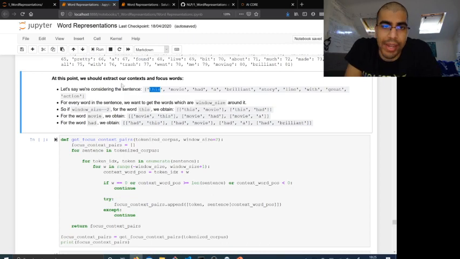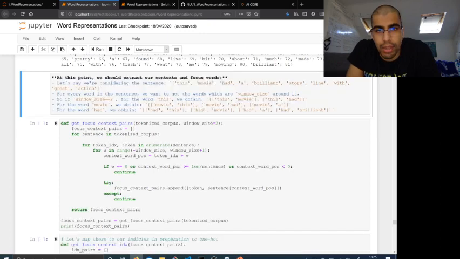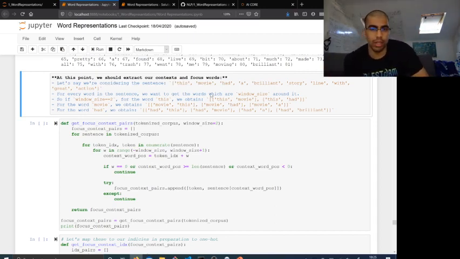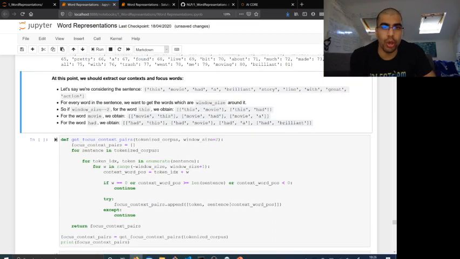For the word movie, we obtain movie this, movie had, and movie a. And for the word had, we do have access to 2 previous tokens, so our training pairs are going to be had this, had movie, had a, had brilliant.